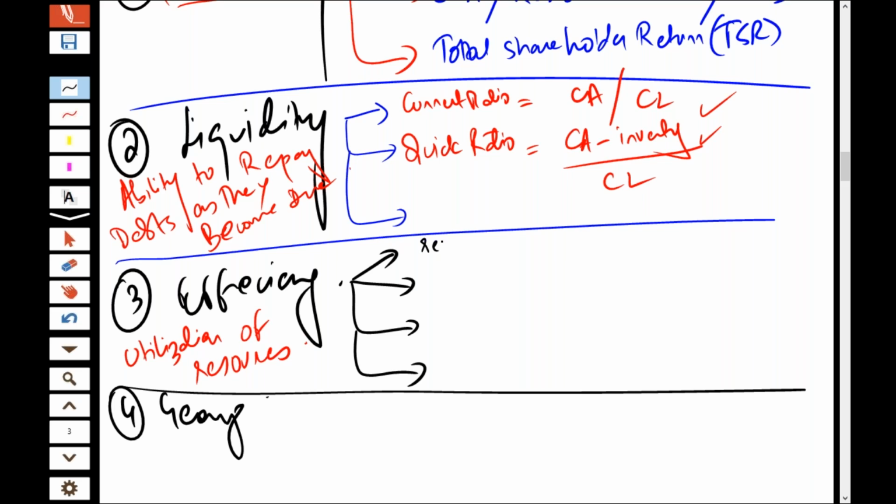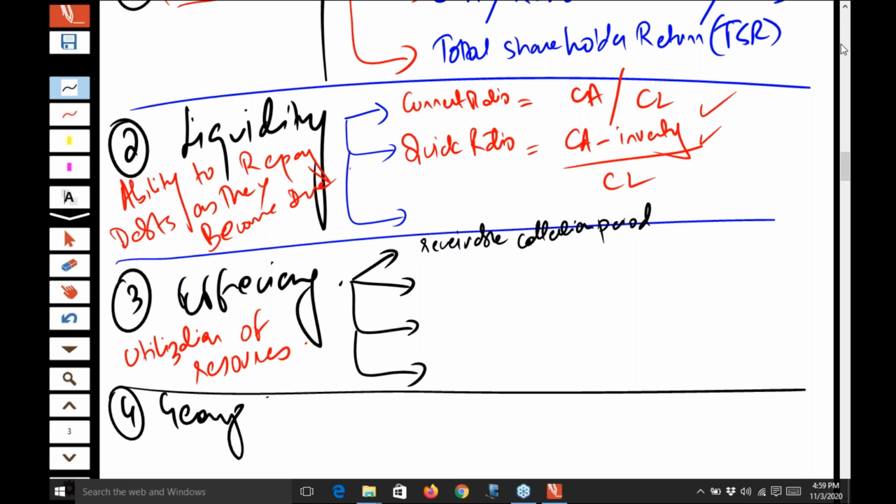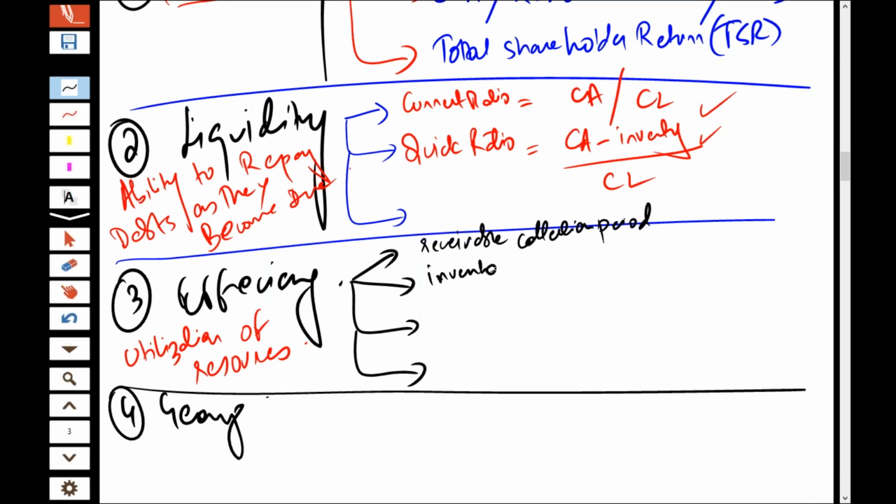We've got receivable collection period, inventory holding period, and payables payment period. So these are the three different types of efficiency ratio that you would come across.